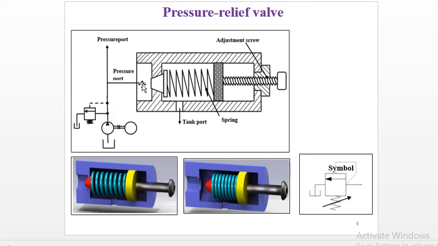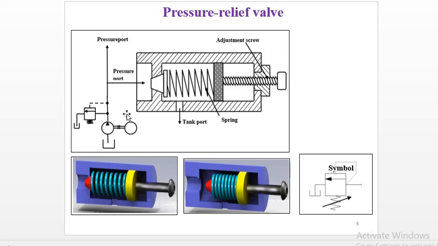After the pressure reaches the set pressure value, it compresses the spring, and this spool will move up to the right side, and the pressure port is open to the tank port.